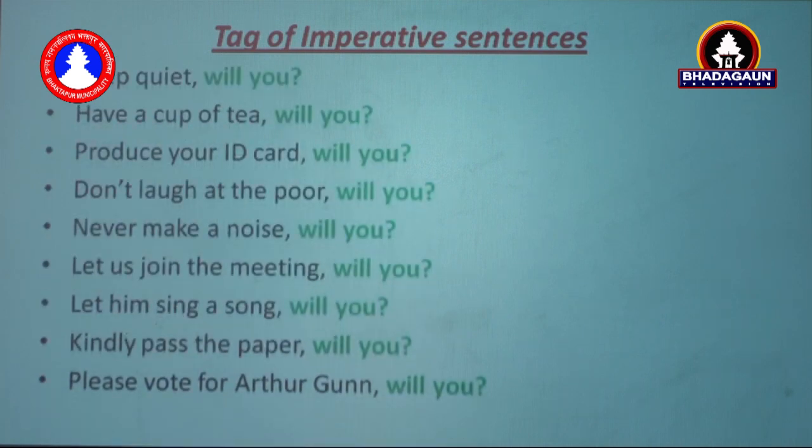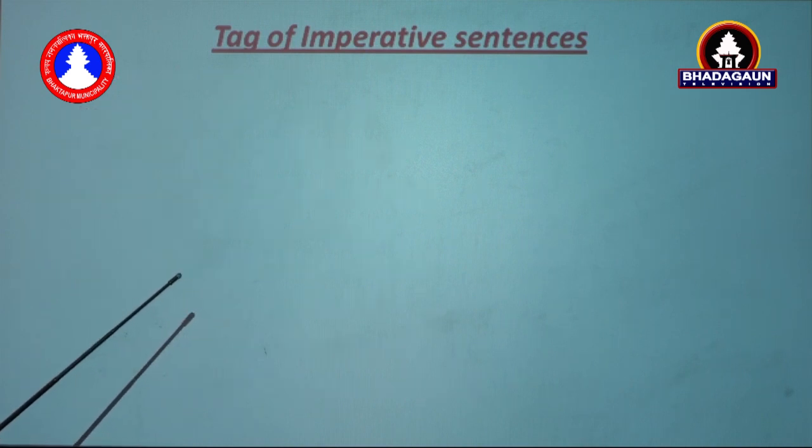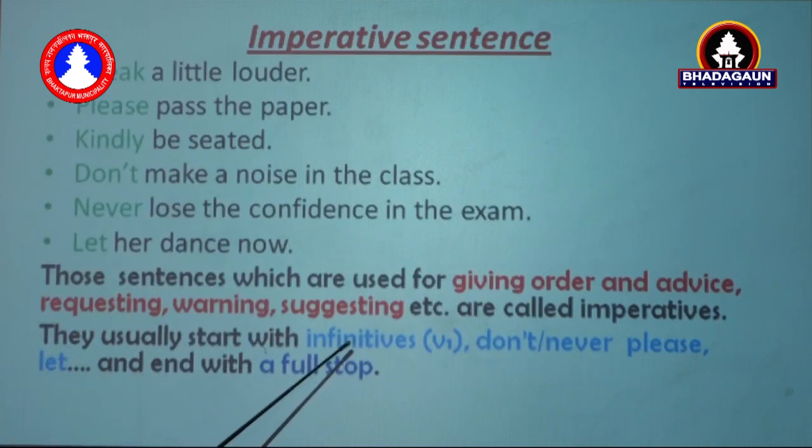Again, we have many imperative sentences given here. All are imperative sentences. Keep quiet, have, produce, don't, never, let, again let. They may start with let, kindly, please. As we have already discussed, they start with the base verb, don't, never, please, let.